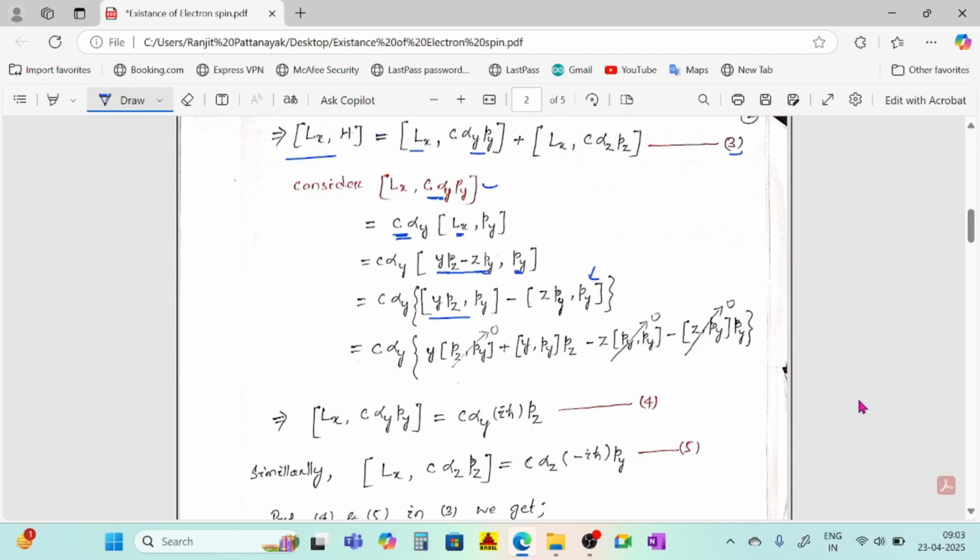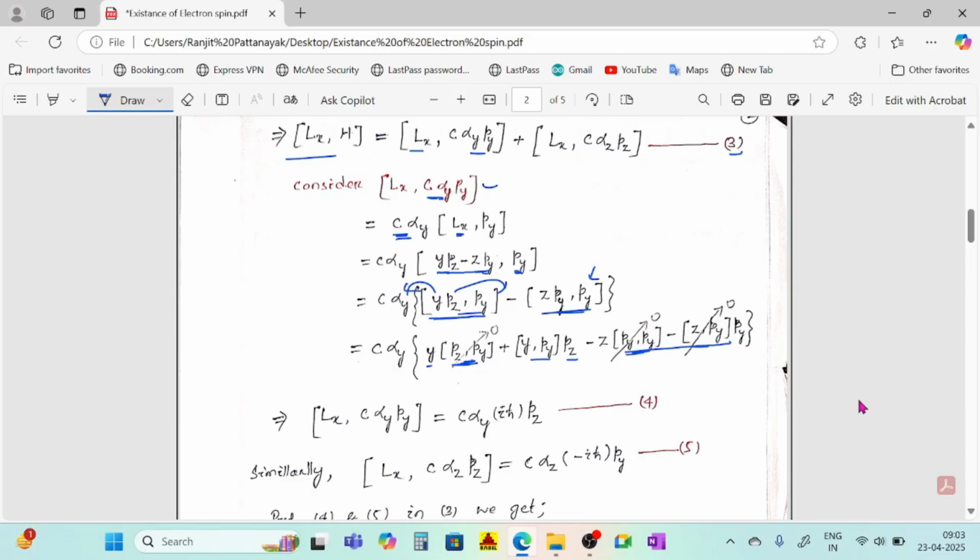Here y pz py can be written as y taken on this side, then pz y plus pz, taken this way, so it can be written as these 2 terms. And the commutator of pz and py we know is 0, py with itself is 0, and z py is also 0.